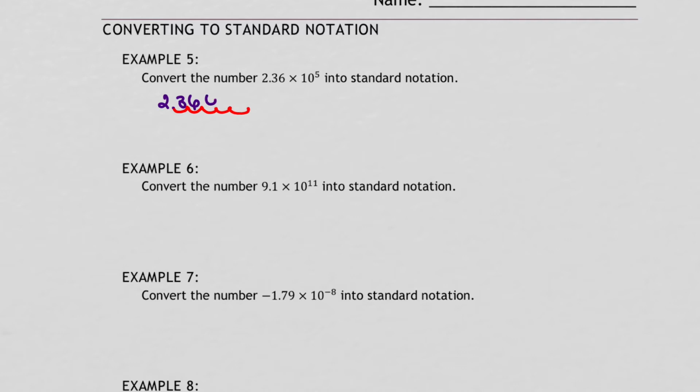So that'll give us 3 more zeros. So we'll have 2, 3, 6, 0, 0, 0. Don't forget your commas. Commas go every 3 places starting from the right. So you do need a comma here so that we can easily see what number this is. So this is 236 thousand.